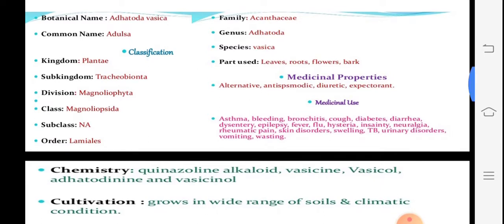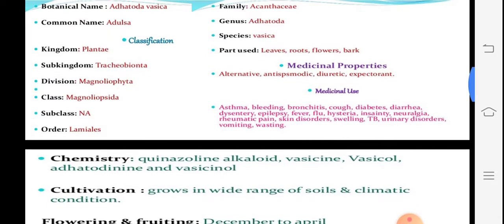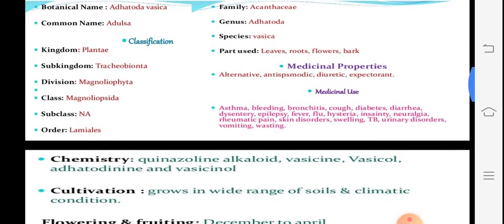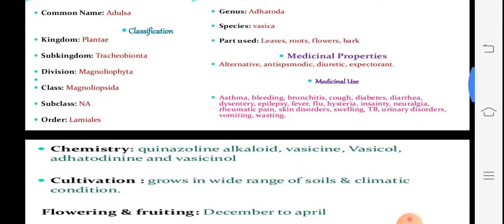Then the medicinal properties are: alterative, that is, an alternative to the other cough drugs. Antispasmodic, then diuretic, that is, it increases urination, and expectorant against cough. Particularly asthma is the common one, bronchitis, cough, then diabetes. Diabetes is nothing but excessive flow of sugar through the urination.